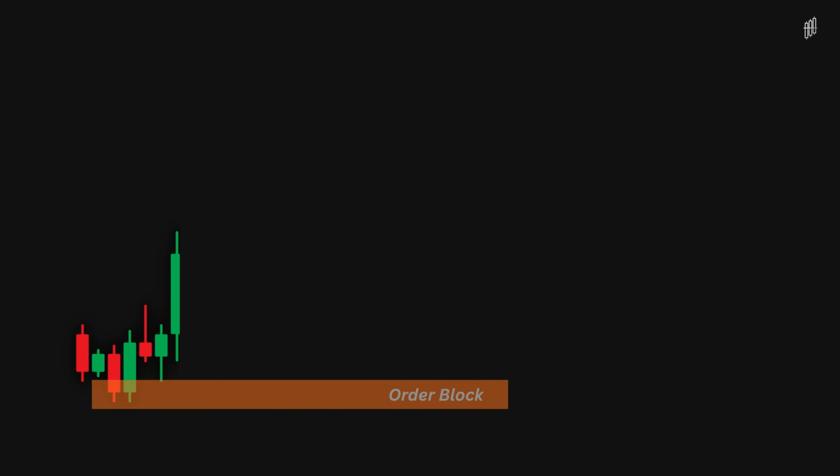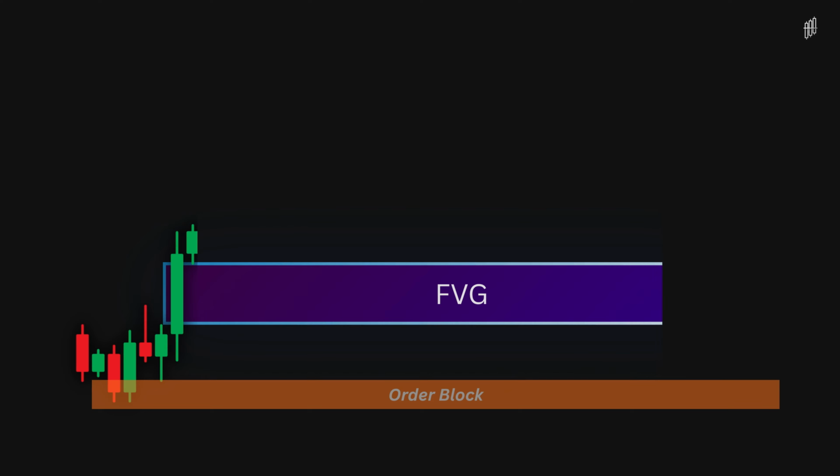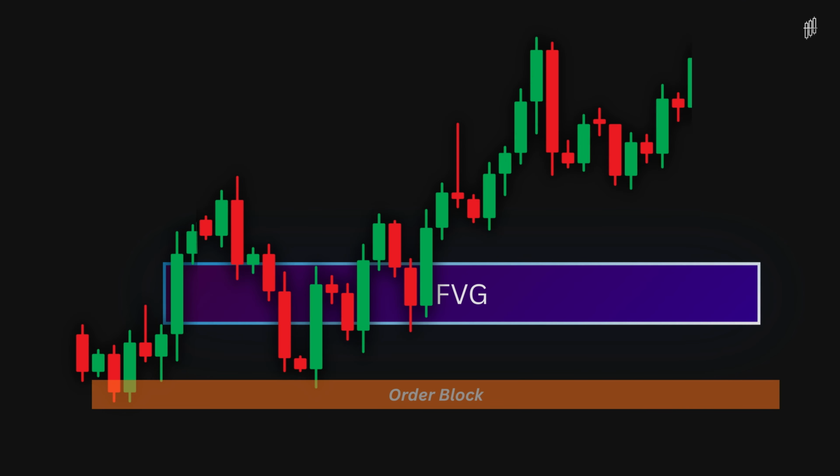Second, there should be a noticeable imbalance or gap left behind after that move, which in ICT terms is called a fair value gap, meaning price moved so fast in one direction that it left an inefficiency in the market that it will want to come back and fill. If you have a strong candle, a clean impulse away, and a fair value gap, you have a high probability order block.